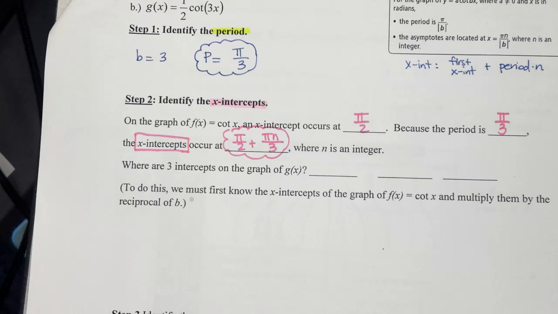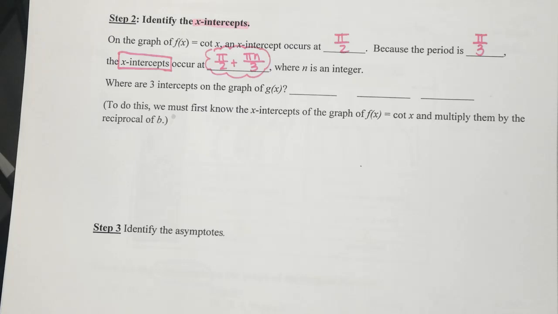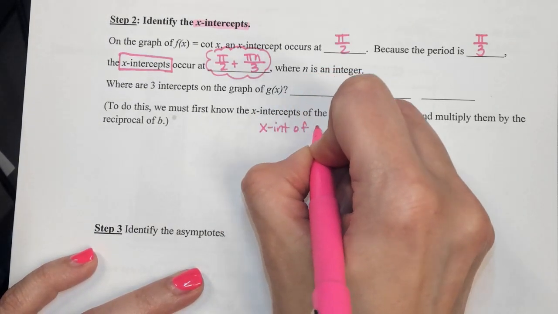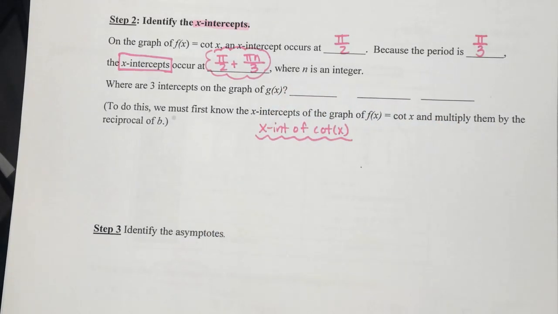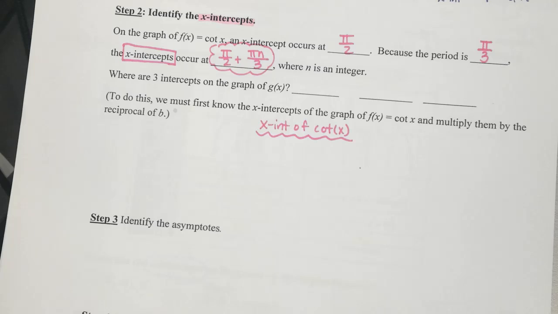Now, when you are finding these, okay, you do need to use the x-intercepts of the cotangent. And like I mentioned on the earlier one, there are multiple ways that you can do this, but this way is always going to work, which is why I like to show it to you this way, okay?